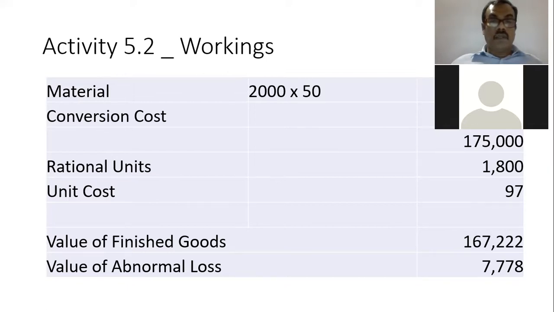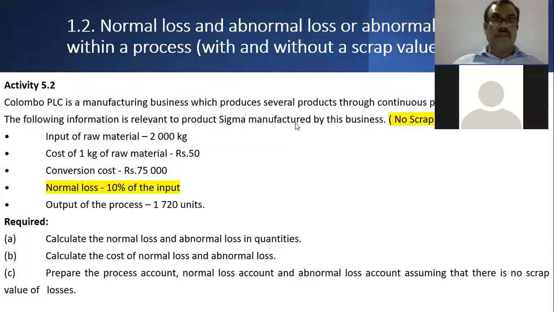There is a bit of confusion in one question. Do we have to assume that the input to output ratio is 1:1? No, it's not necessarily. It depends on the situation. It depends on the information. In this case, 2000 actually implies, and it's good that information has been given, 1 unit needs 1 kilogram.